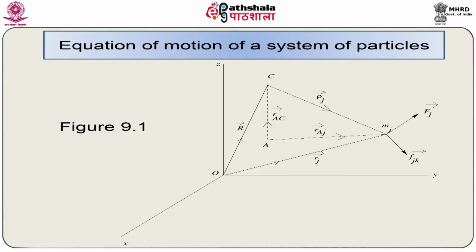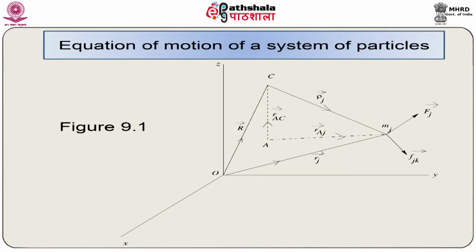Consider the figure 9.1. Let small rj vector be the position vector of mass small mj relative to the point O. O is the origin here. Let capital R vector be the position vector of the center of mass of the system.